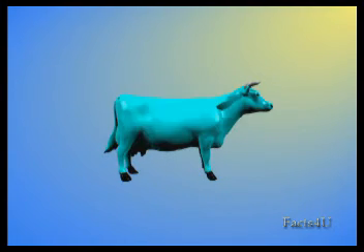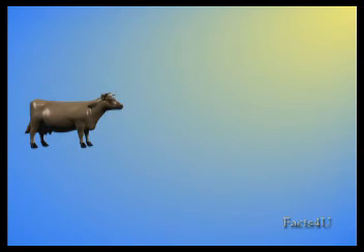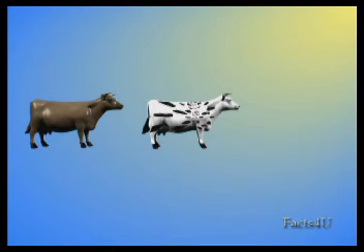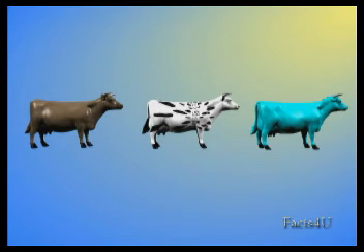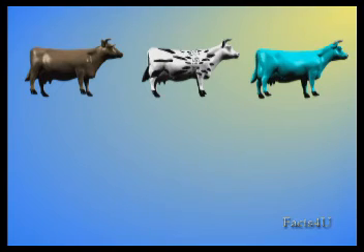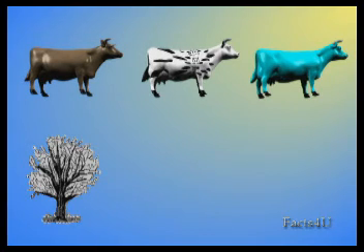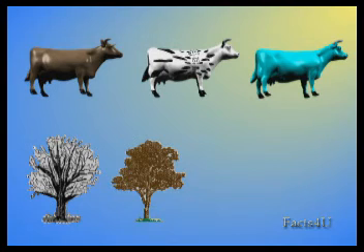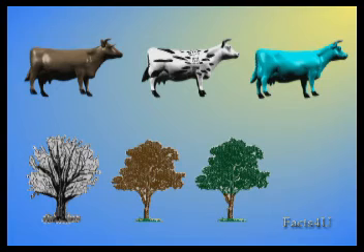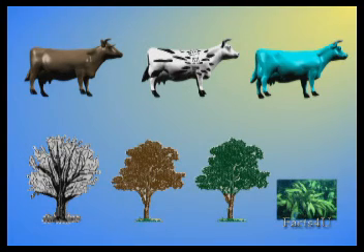A cow can assume one of 3 color states: brown, black and white, or blue. The color state of the cow is determined by the nearby vegetation, which may assume one of 4 forms: a dead bush or tree, a brown bush or tree, a green bush or tree, or seaweed.